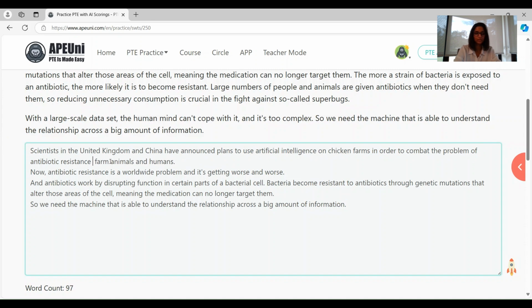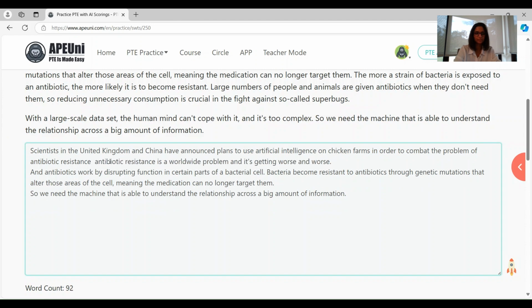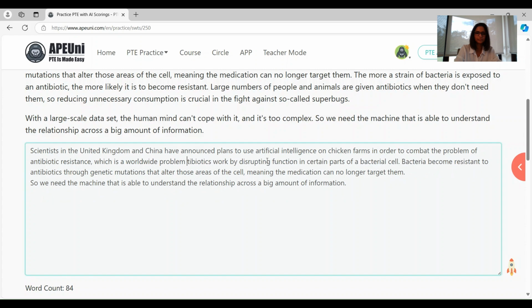Sorry, my computer's a bit slow. It seems to have hung. All right, here I'm going to gratuitously put a comma there, which is a worldwide problem as antibiotics work by disrupting function in certain parts of a bacterial cell.